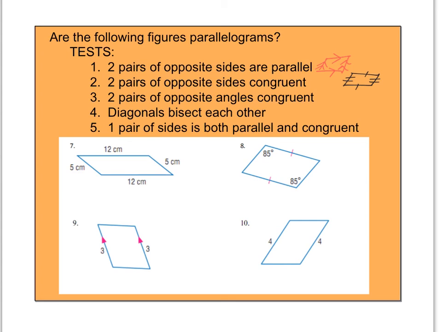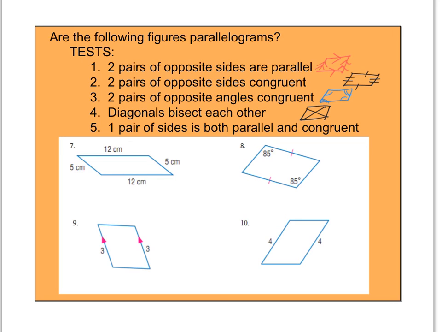The third one, if you have opposite angles congruent, like this angle and this angle across from each other, if they're the same size, and then the other pair of opposite angles. You have to have both pairs of opposite angles congruent, but if you do, that's enough to know that it's a parallelogram. Number 4, if you have a quadrilateral and the diagonals bisect each other.